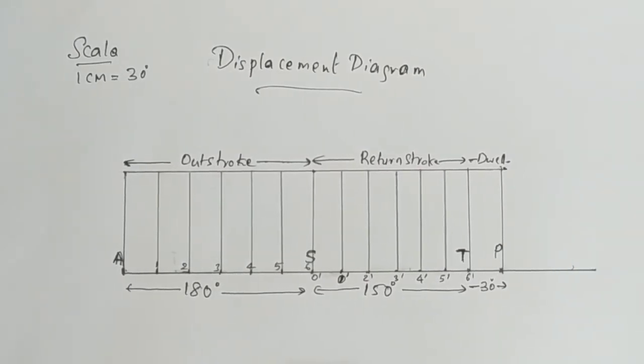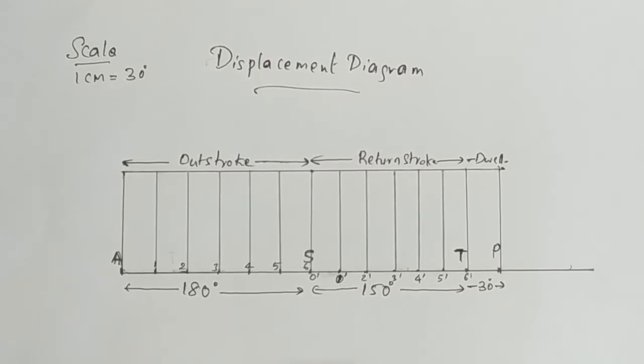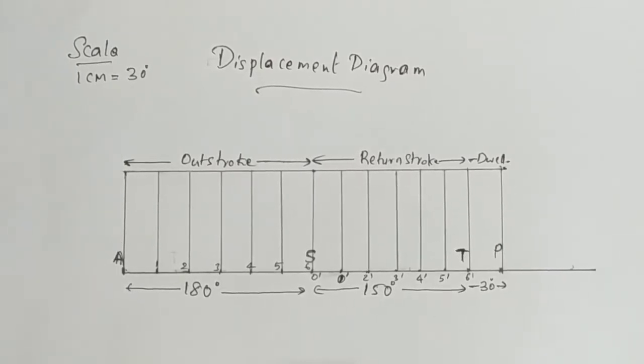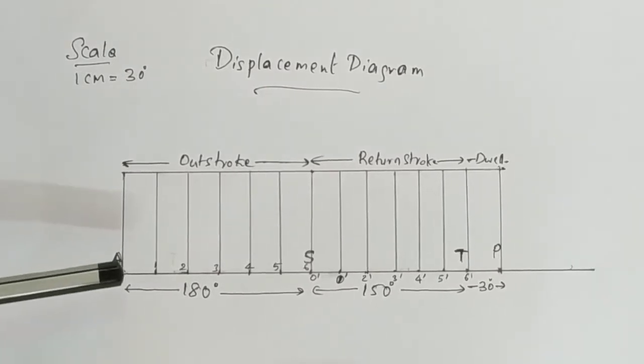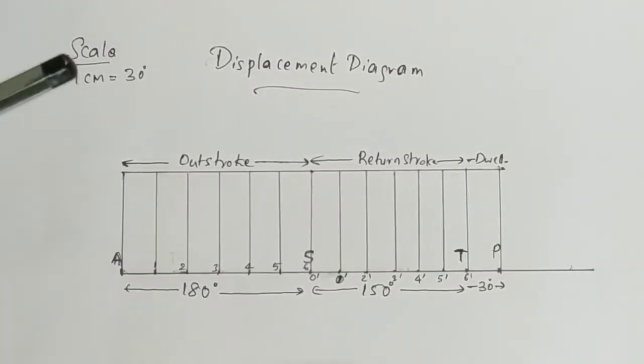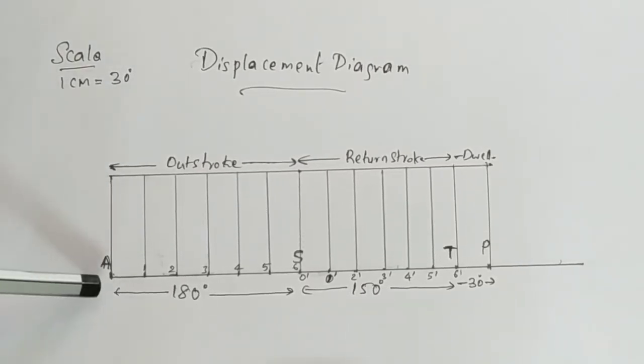Now the difference here is, in the cycloidal method, there are 2 ways in which you can draw this displacement diagram. I will show you both. The first and most commonly used way is to draw a generating circle at the point where you are starting the motion.